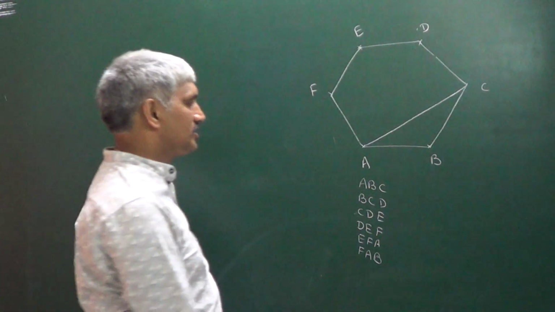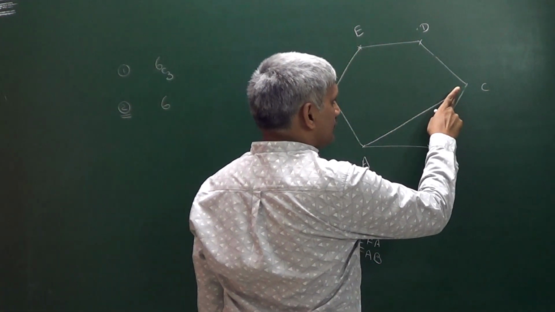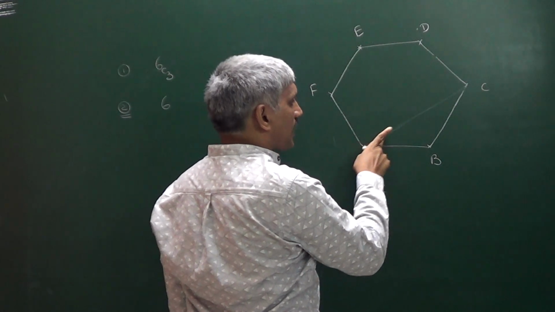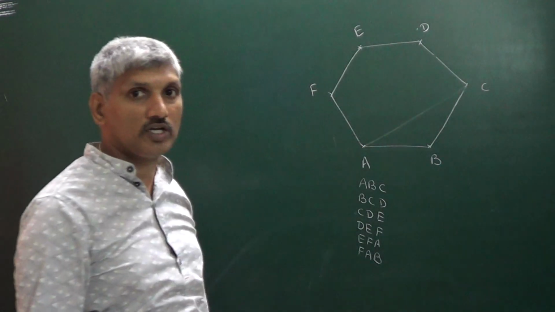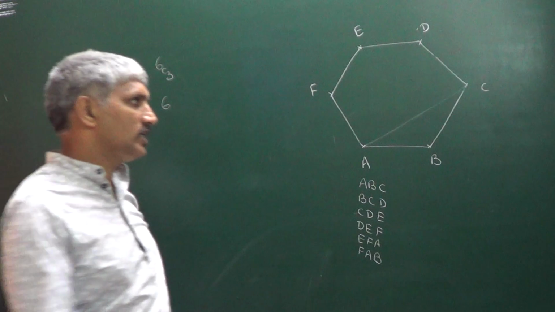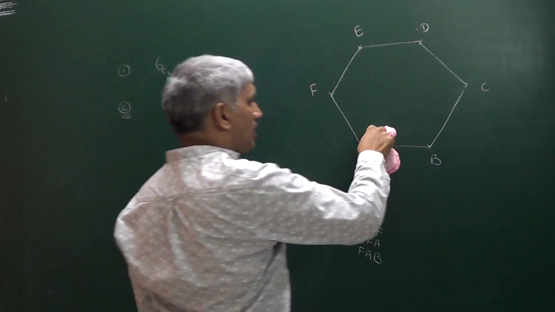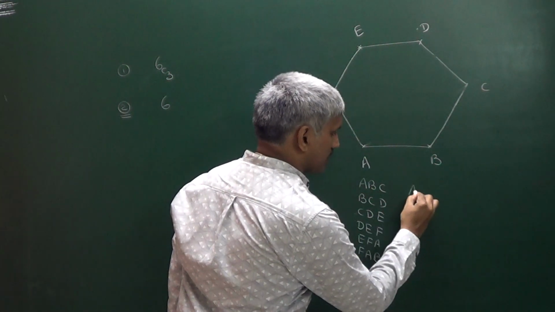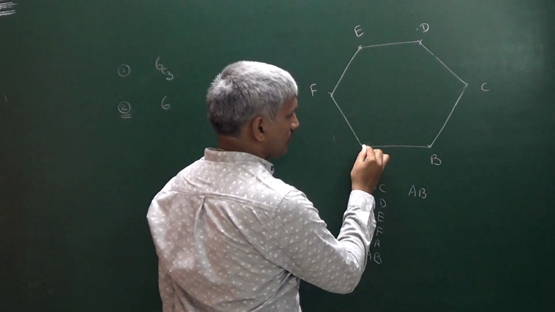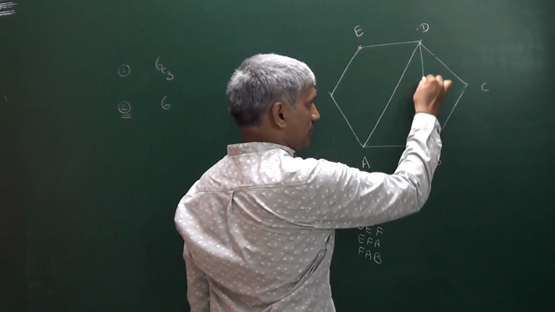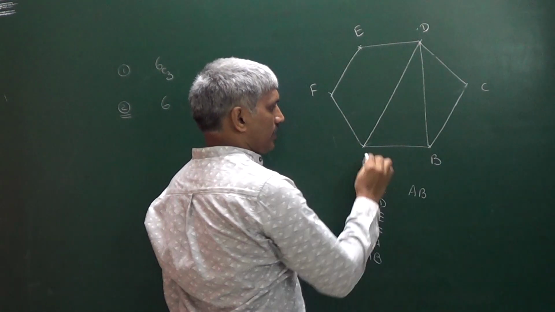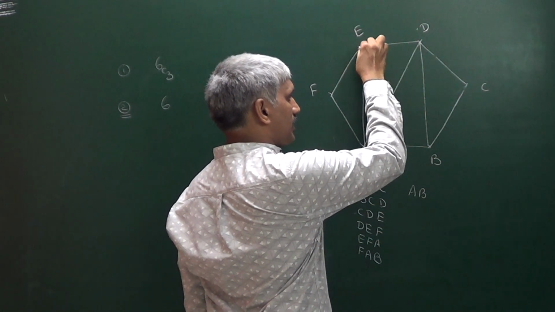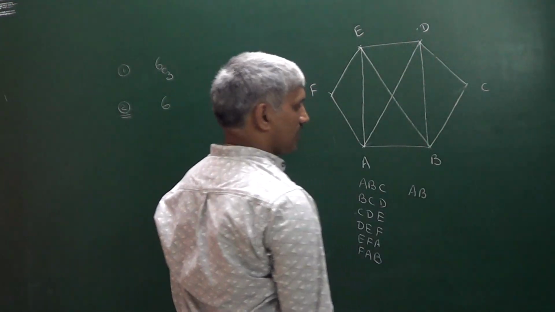Now my question is number of triangles with exactly 1 side common with the sides of the polygon. Observe now here. I am taking the side AB, ABD. We are getting one triangle. Next ABE. We are getting another triangle, right?